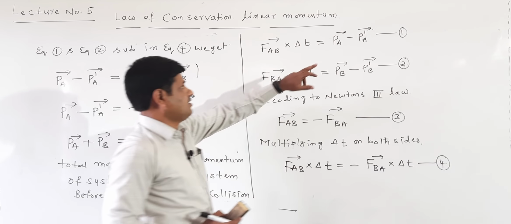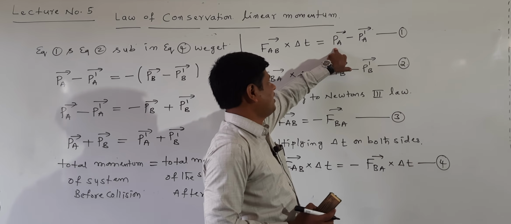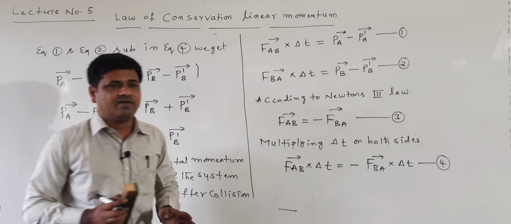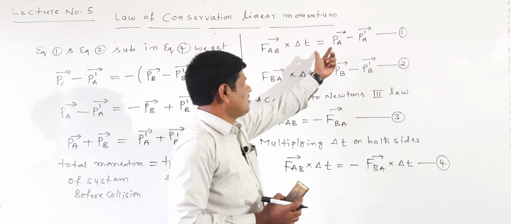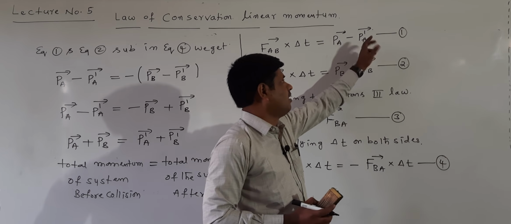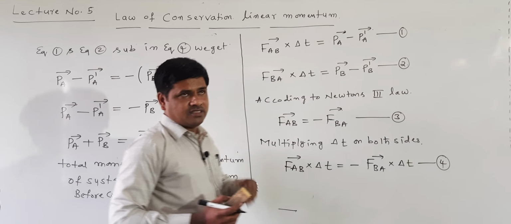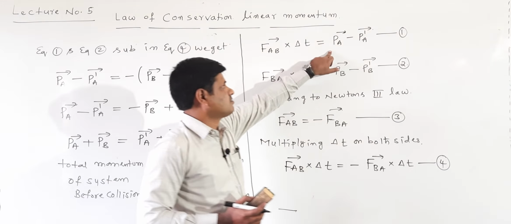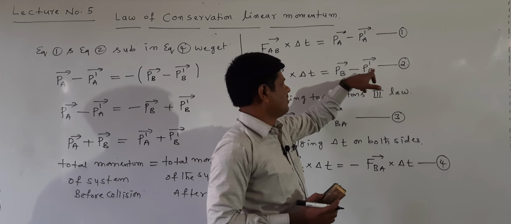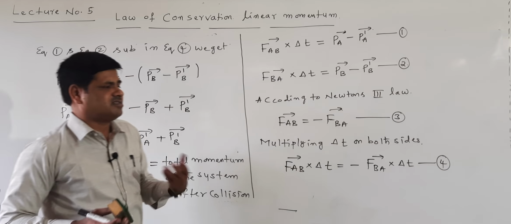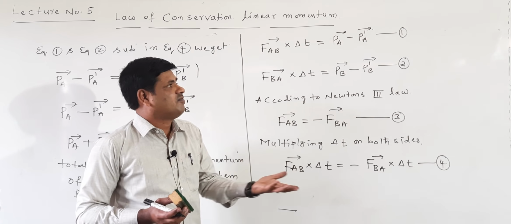Suppose in this equation we take PA dash bar minus PA bar, we also get the same value. There is no change in the value. Suppose I consider that initial momentum is more and final momentum is small, so I write PA bar minus PA dash bar. Suppose final momentum is more, PA dash minus PA bar, PB dash minus PB bar. We can take any type, because that is a change. Change means initial minus final or final minus initial.